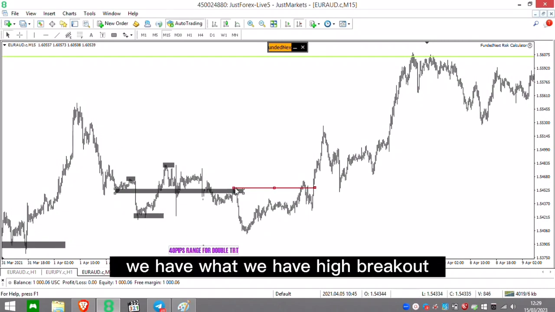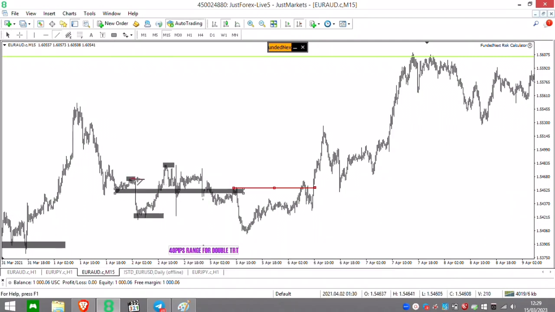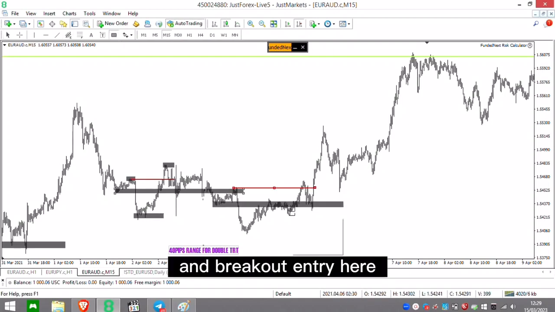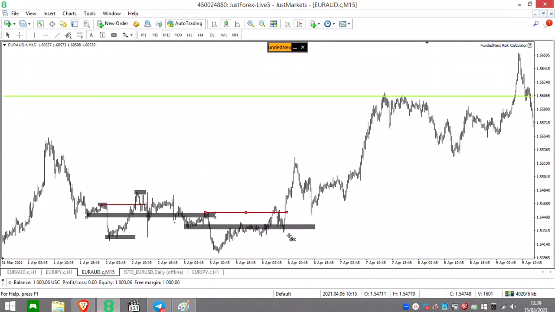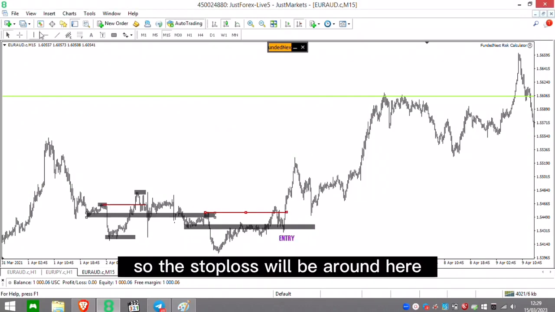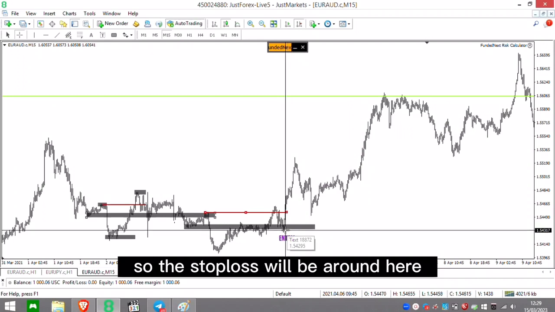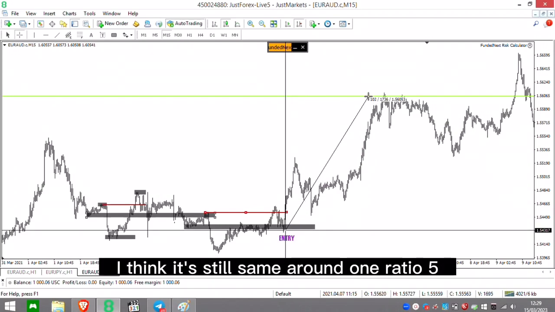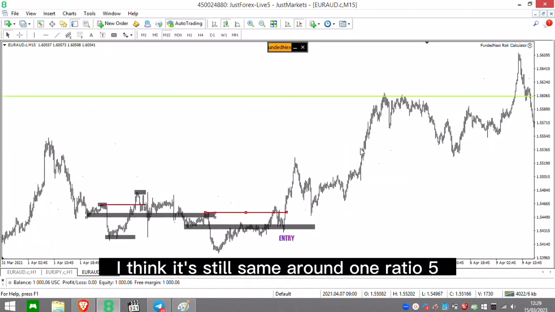We have high, breakout, we have low, high, low, low, and breakout, entry here. So the stop loss will be around here. The safest 30 pips. I think it's still same around 1:5.